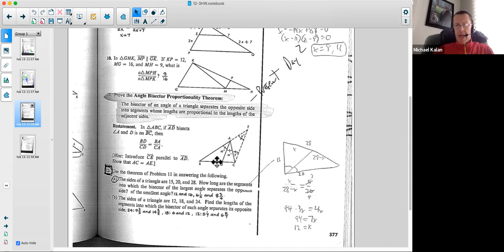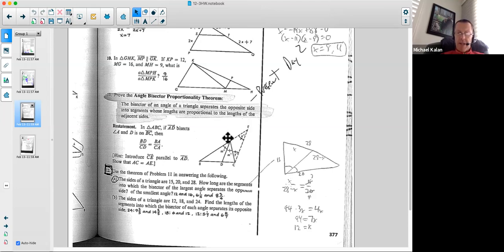If we know that DA is parallel to CE, we know that it cuts off proportions where BD over CD equals BA over AE, right?